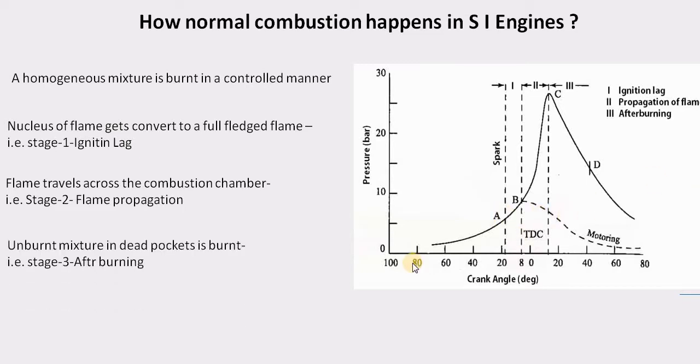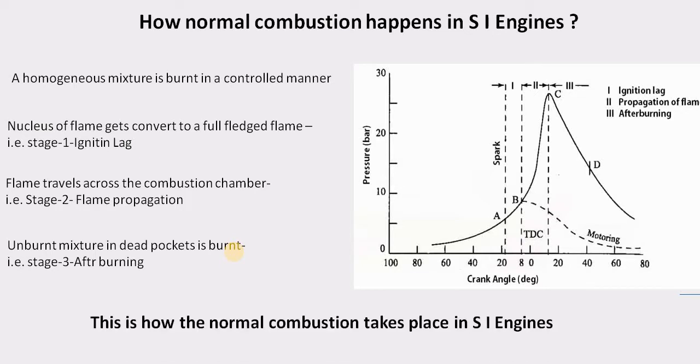In the third stage, which we call afterburning, the unburned mixture remaining here and there, inside the dead pockets, is going to burn. As the piston has started moving downwards, this burning does not contribute to the work development process of the engine. So this is what we call normal combustion. Here we have a very controlled burning as per plan.